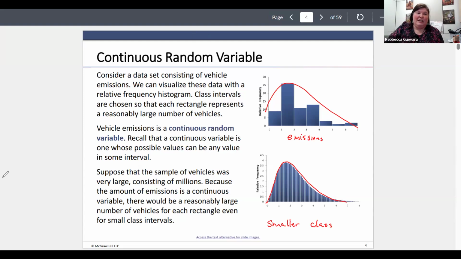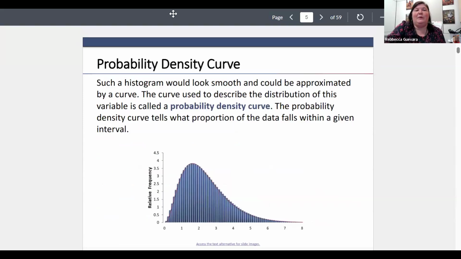So what this gets us at is that if I have a continuous random variable and a huge population, I can start modeling it with what we call a probability density curve. Such histograms with smaller class sizes are going to look smooth and can be approximated by a very smooth curve.